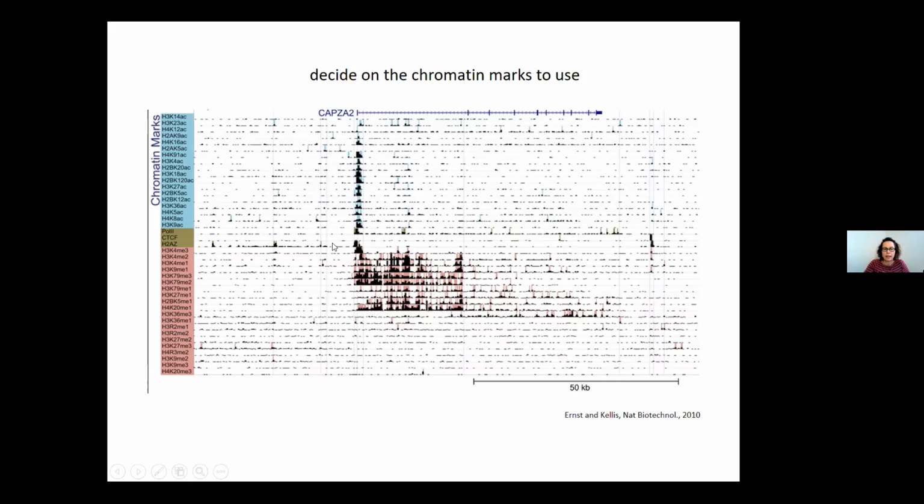But if you're going to take something like CTCF out, which is very different to the other marks, you will either incorporate this in your state annotation or not. So very often, of course, your annotation will be limited by the data that's available, but clearly this has a big influence on what your annotation track will look like.